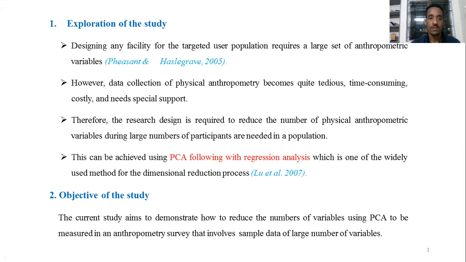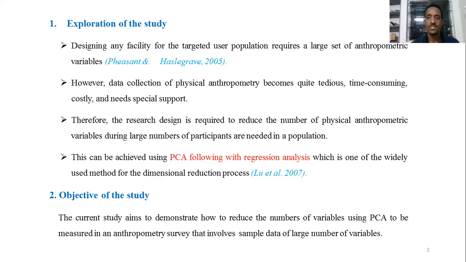When we explore our study, design of any facility for the target user may require large sets of variables, but collecting all those variables is quite tedious, time consuming and costly, and it also needs special support.